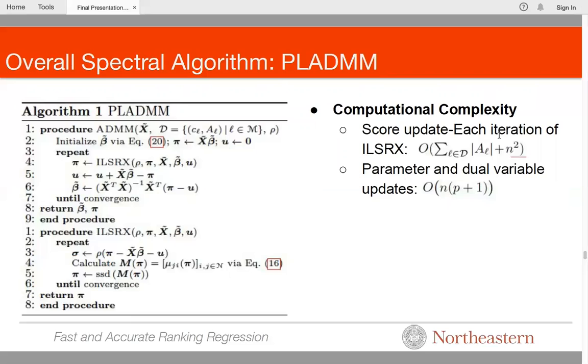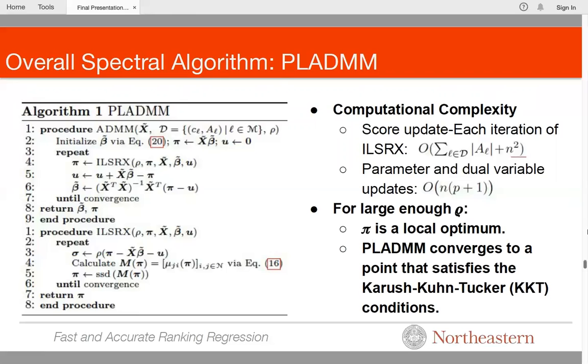Each iteration of ILSRx has the following computational complexity: first to constitute the transition rates, and also afterwards to find the stationary distribution using, for example, the power method. The updates of beta and u are very efficient matrix multiplications since we can pre-compute the pseudo-inverse.